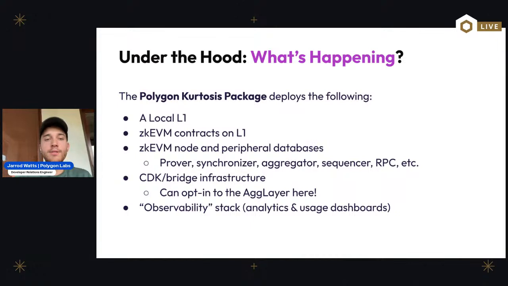It then goes ahead and deploys essentially what is the L2, which is a node running a couple of different components. So it's running all of the necessary pieces and the databases to store the information of those pieces. So what I mean by that is it's running things like a prover to actually generate zero knowledge proofs to verify batches of transactions. It's running the synchronizer to execute those batches and send those batches down to your data availability layer.